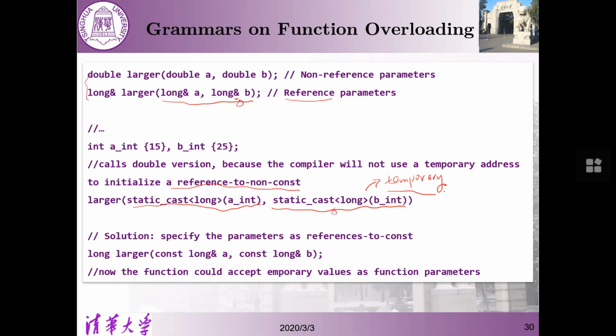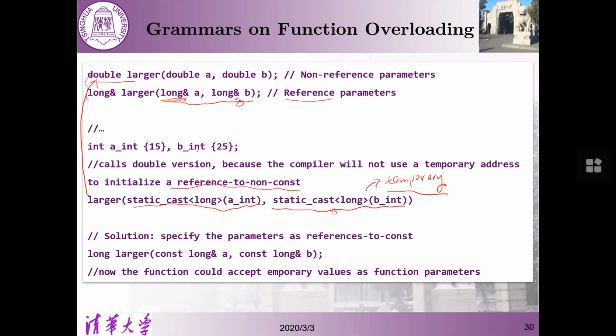So this temporary is a temporary object. For this temporary object, we cannot have a reference. So we cannot call this one. So in this case, we can only call this double version.